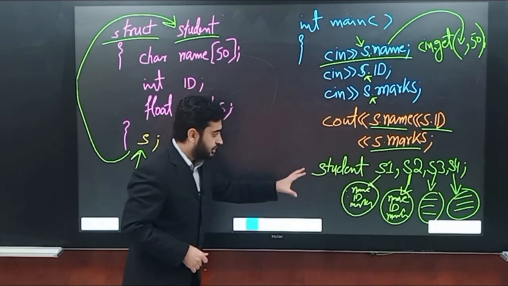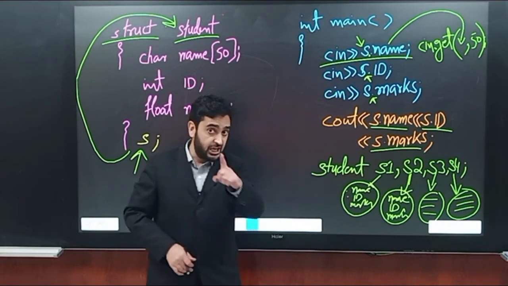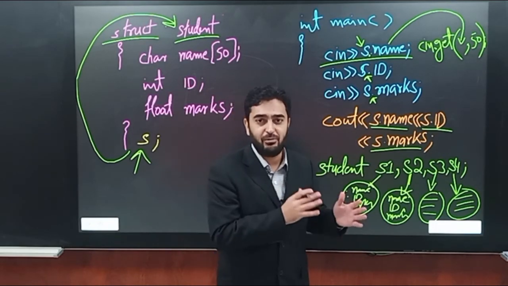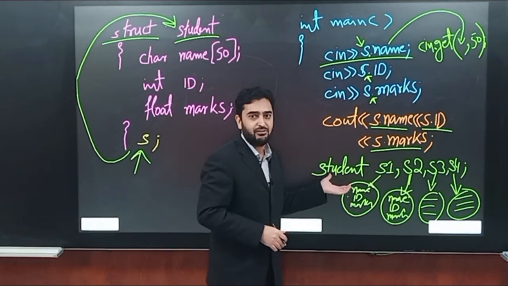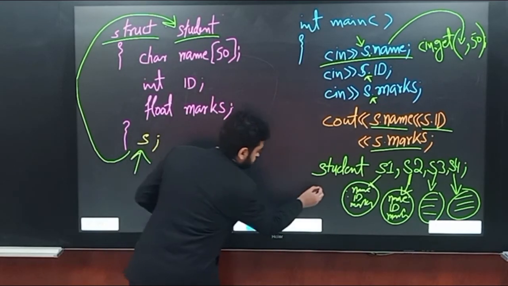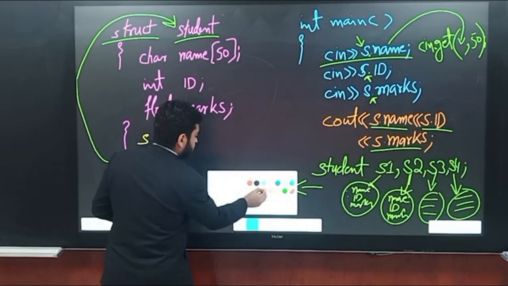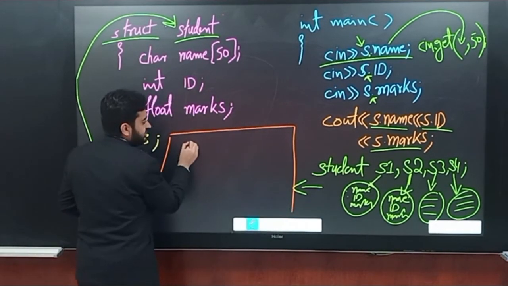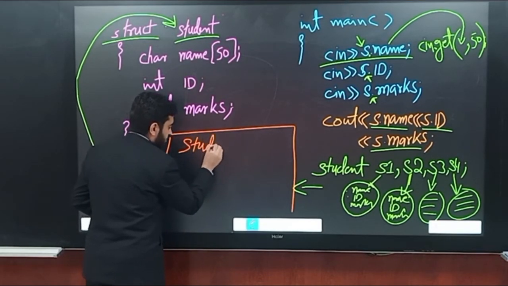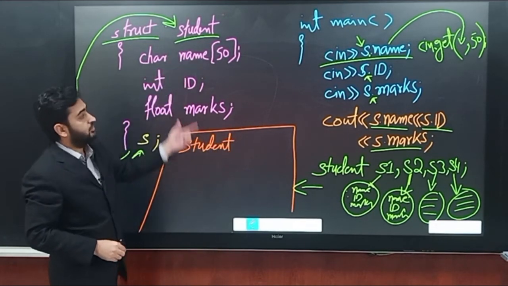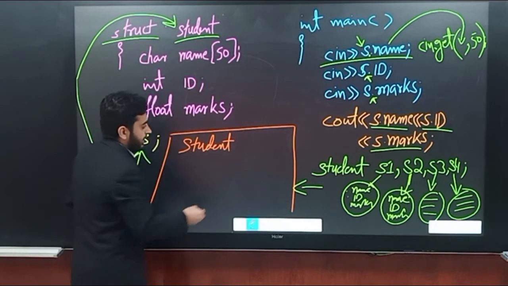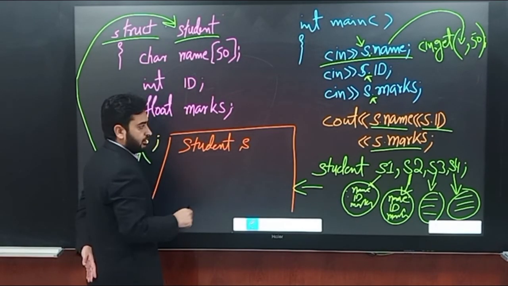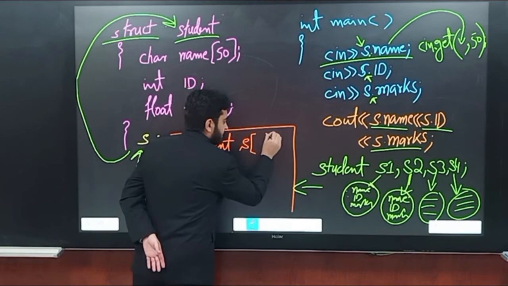We can also reduce this concept to a single variable using arrays. So just like we have used arrays for simple variables, we can also use the array concept for the student structure. You can see, if you write down, for example, student, so student is the user defined data type, and then s is actually the variable, and then use the concept of the array.